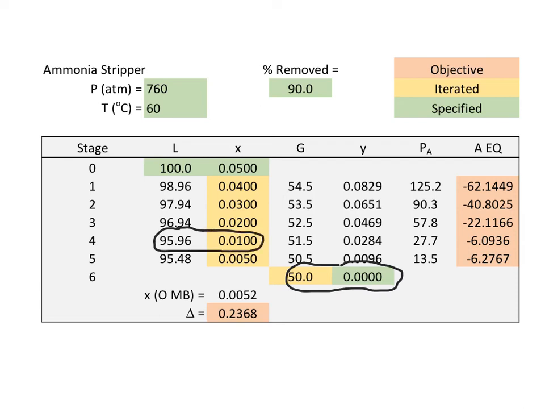And then the ammonia that leaves is the liquid leaving stage 5 and the gas leaving stage 5. So this number here is just calculated based on this plus this minus this and the whole thing over the gas flow rate.